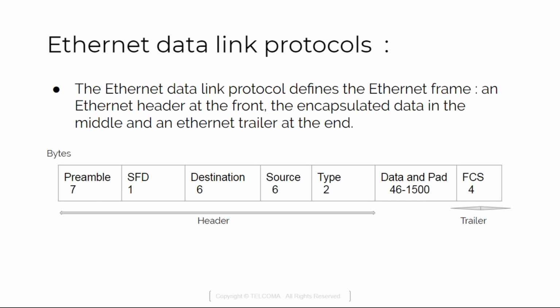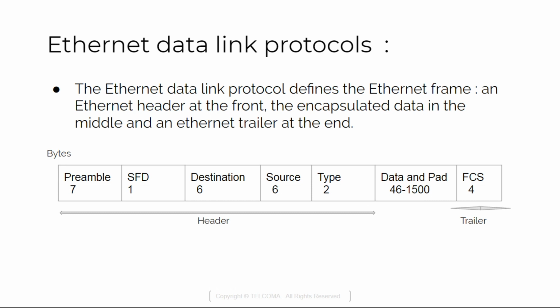If we see the composition, it has fields like preamble, SFD, destination. The numbers defined are the total number of bytes each contains, and then their functioning. Preamble contains 7 bytes.